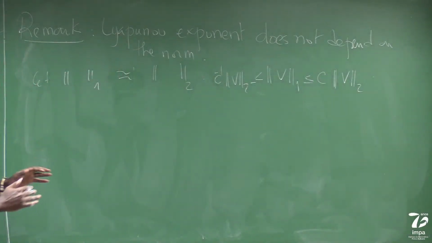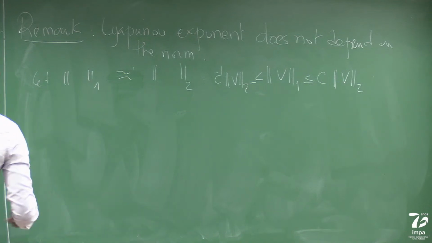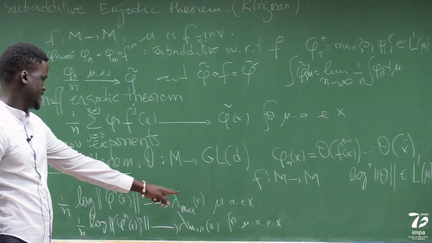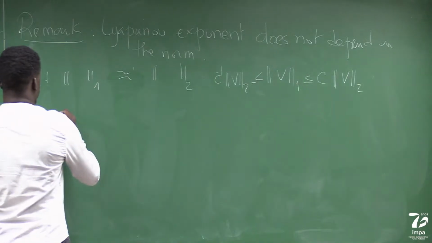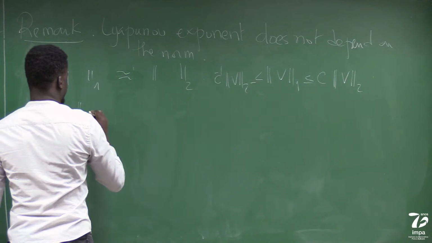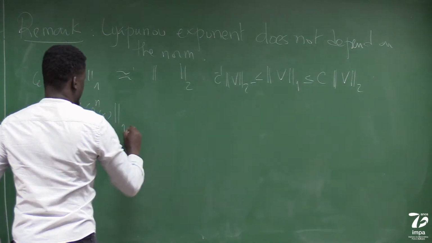So if the two norms are equivalent, you see what I'm saying. If you plug in 1 or 2 here, you get the same limit, because what you get is the log of the norm of Vn x with respect to norm 1.